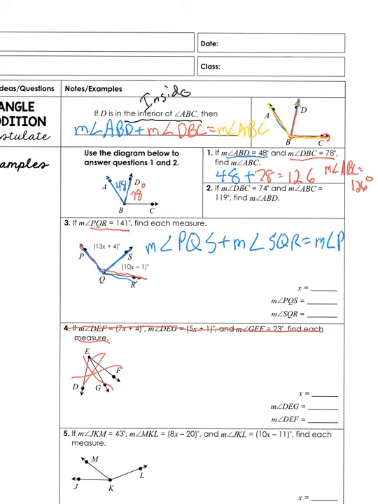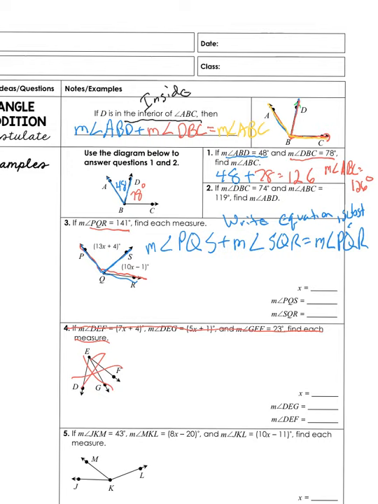So the first step is I'm going to write the equation. Let's put that down over here. The first step is to write the equation using angle addition. Then second, you're going to substitute.